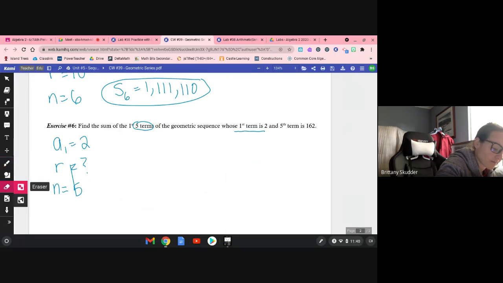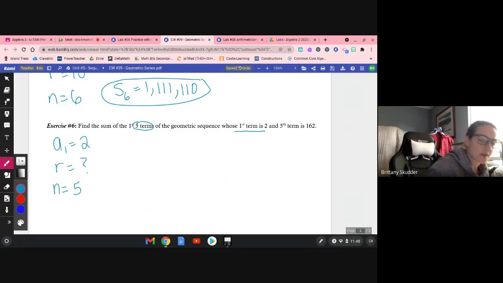Okay. So if we don't know what the ratio is, we're going to use our sequence formula, An is equal to A1 times R to the n minus 1, in order to find out what that R is. Okay. So we know the fifth term is 162.